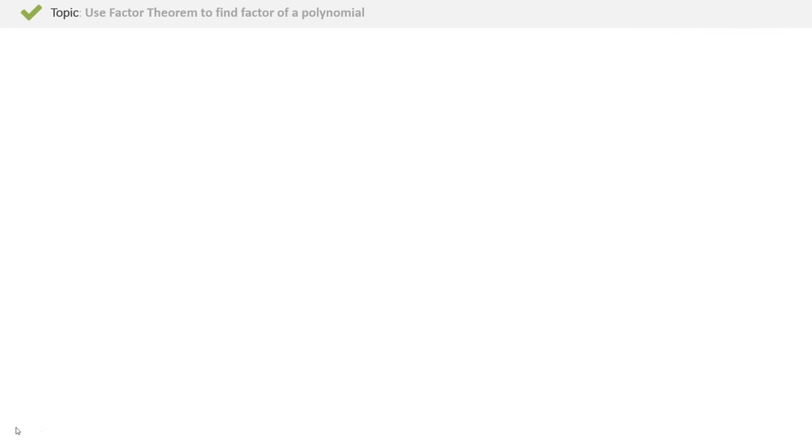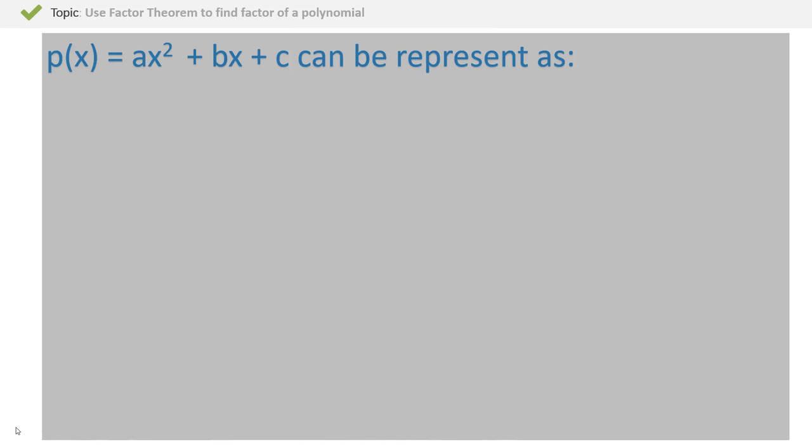Now let's use factor theorem to find the factors of a polynomial. How are you really going to use factor theorem to find a polynomial's factors? So let's try to understand. Let's assume p(x) equal to ax squared plus bx plus c is a polynomial, and this can be represented as 1 by a multiplied by the polynomial ax squared plus bx plus c, where you are dividing the polynomial by the coefficient of x squared, which in this case is a.